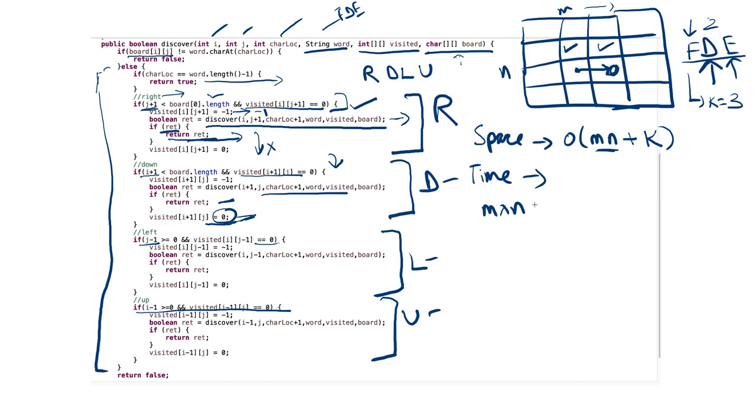For each character we start our discovery process, and k is the length of the word which we want to find, and for each character in that word, we have 4 possible directions where we can go.